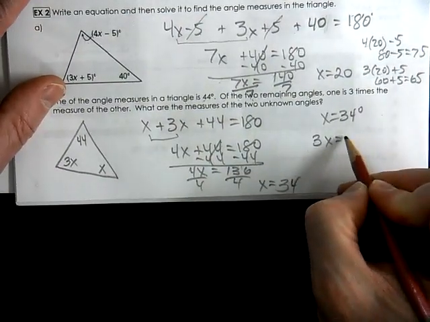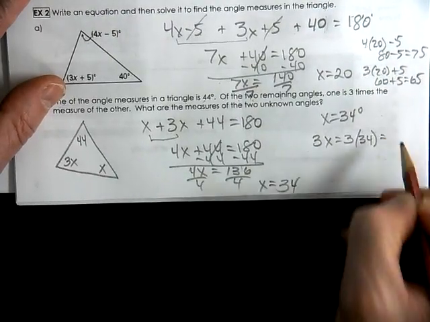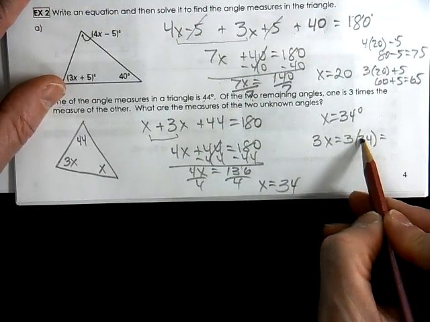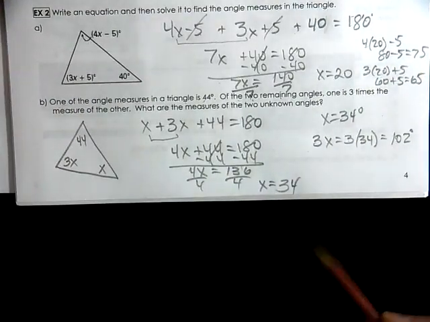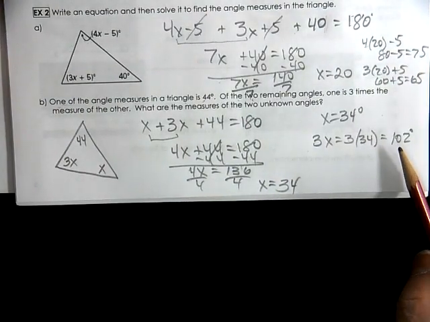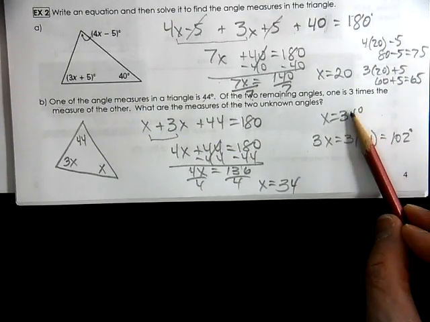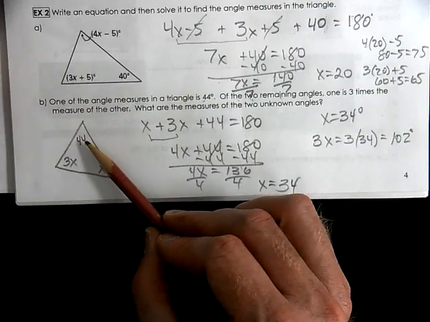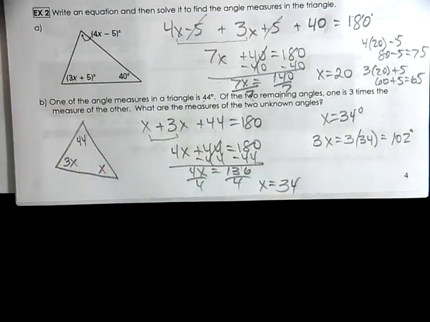The other angle is 3 times 34. So that's 90 and 12, which is 102 degrees. So apparently 102 plus 34 plus the other angle of 44 is going to make 180 degrees.